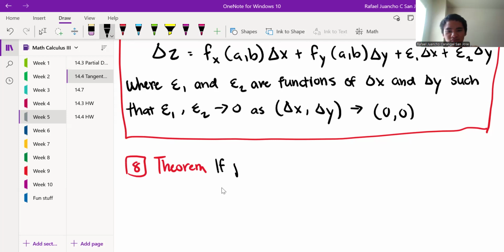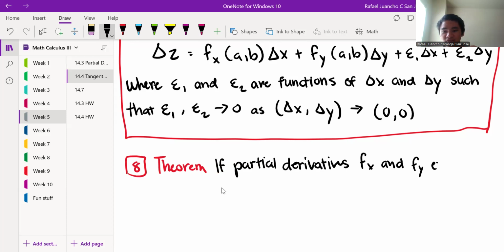So the bottom line is if the partial derivatives f sub x and f sub y exist, because at the end of the day they are limits, right?